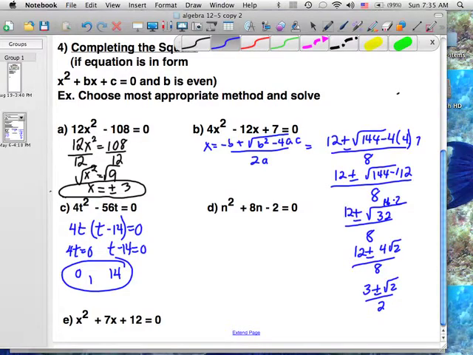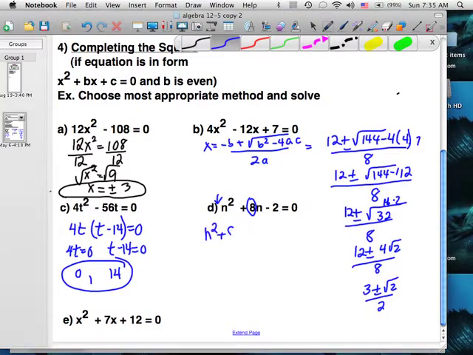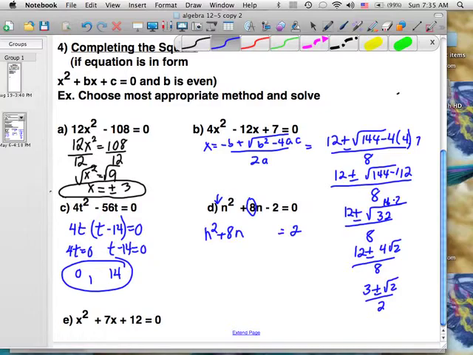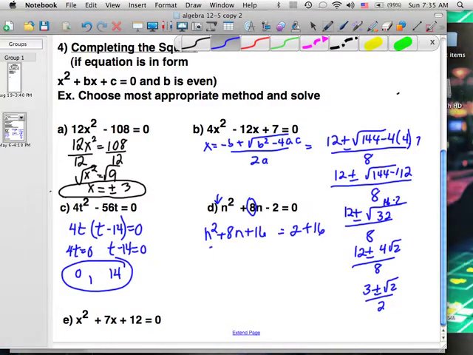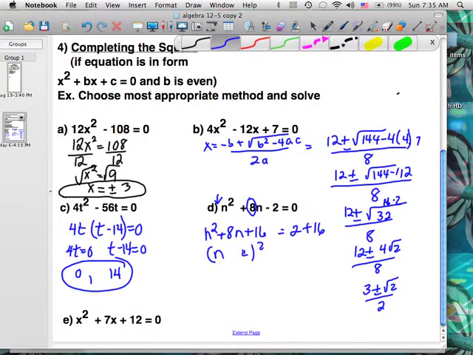D, I would use completing the square because this is even and there's a 1 in front of that. So it'd be n squared plus 8n, move the 2 to the other side. Half of 8 is 4, squared is 16. Add that to both sides. And then the square root of n squared is n, the square root of 16 is 4, and that equals 18.